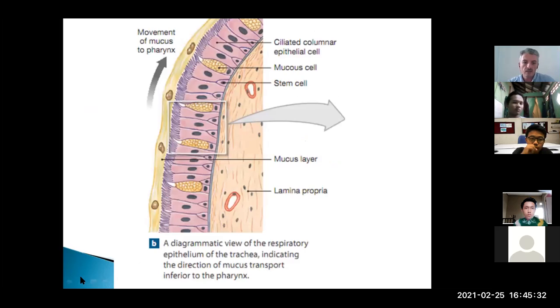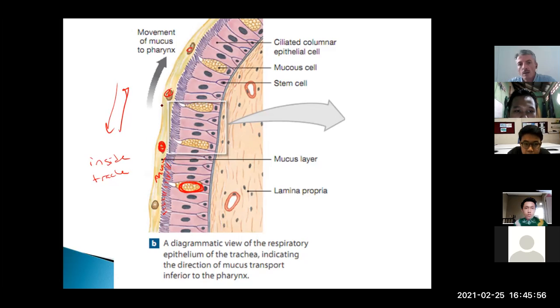Like here in this diagram, we see part of the trachea. This is inside trachea. So air is moving in and out. Here, ciliated cells, cilia are here. And these are goblet cells producing mucus. This is mucus. And this is trapped dust, like that.